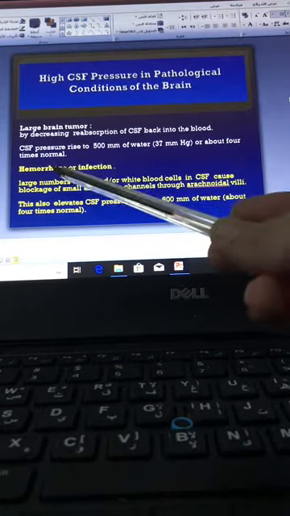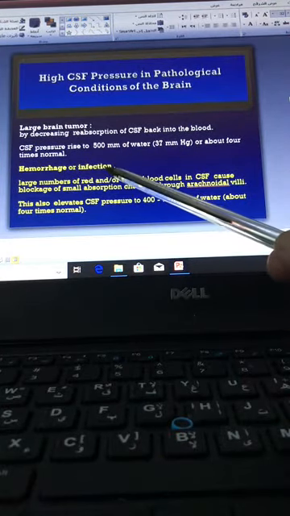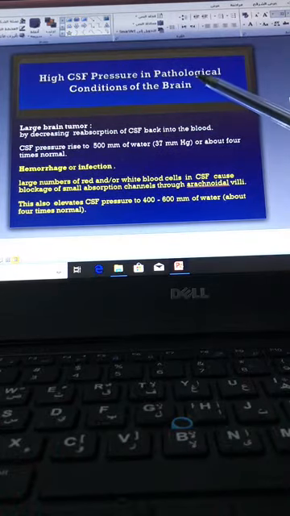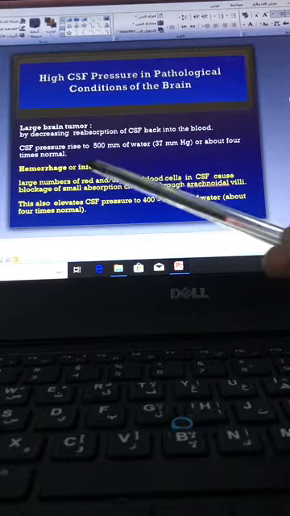مثال آخر intracerebral hemorrhage or infection أيضا سبب إنه raised intracranial pressure or increased CSF pressure.